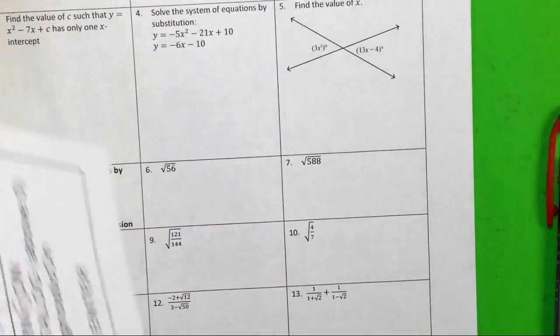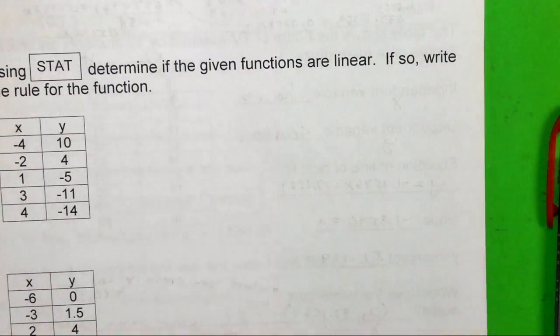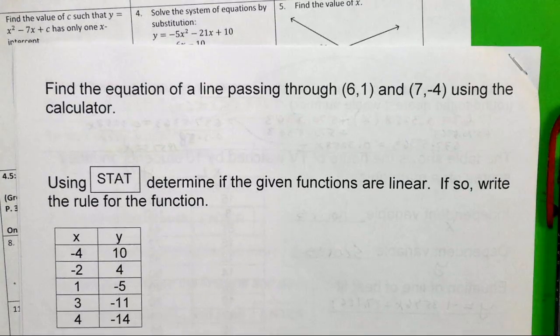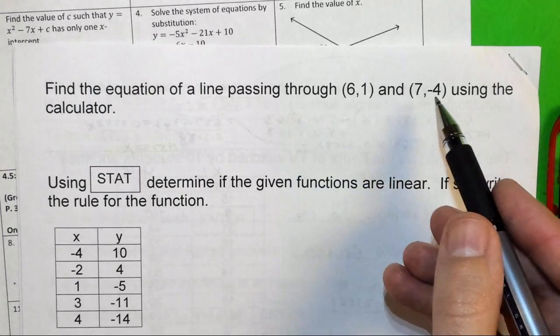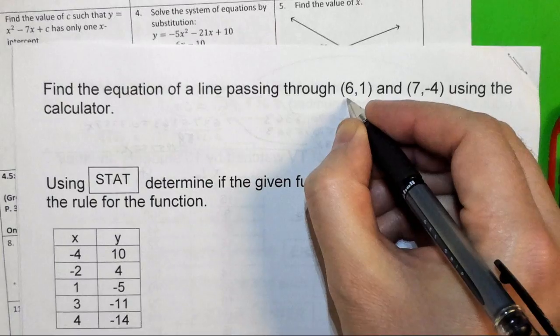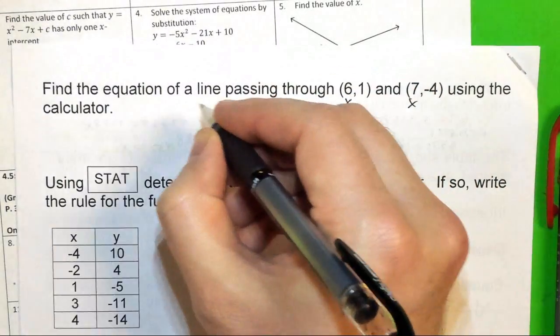There's another one on the back. Okay, you guys, when you see it written like this, can we not put this into the calculator, into the stat edit? Can't we? This is an X, and this is an X. Can't the X's go into L1?